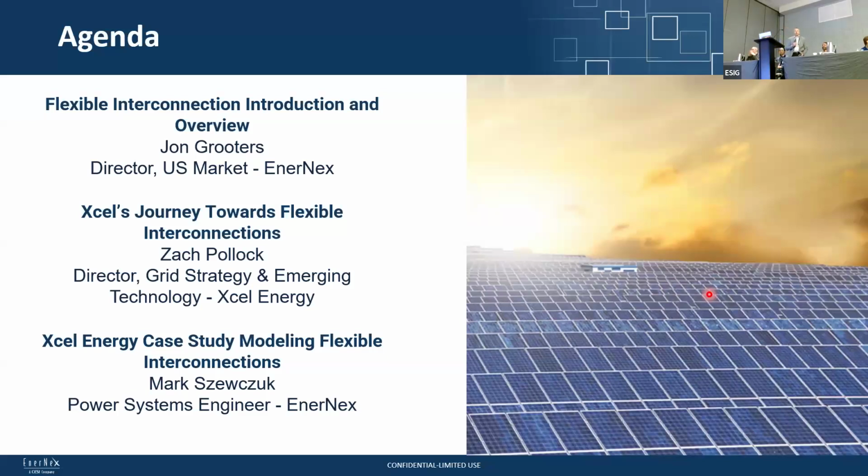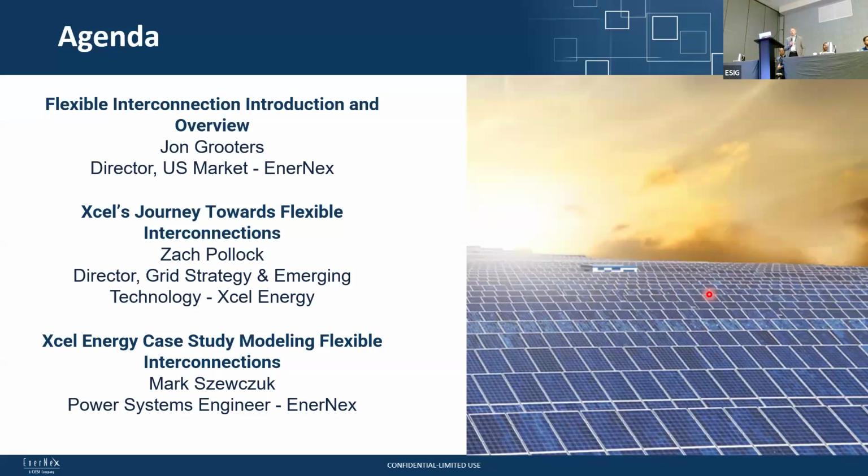So on flexible interconnection, we're going to break it into three parts. I'm going to give you an overview. I know flexible interconnection can mean a lot of different things to different people, so I'll try to set the stage as far as what we're getting at when we talk about it. Then Zach's here from Xcel, and he's going to give you a little bit of background on why Xcel is looking at it, their journey into flexible interconnections and where they're going with that.